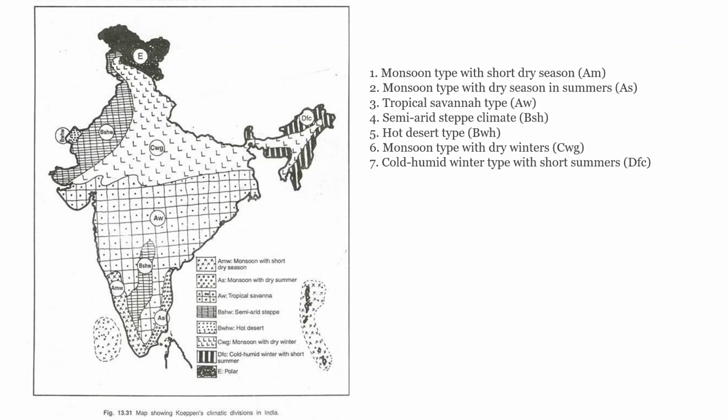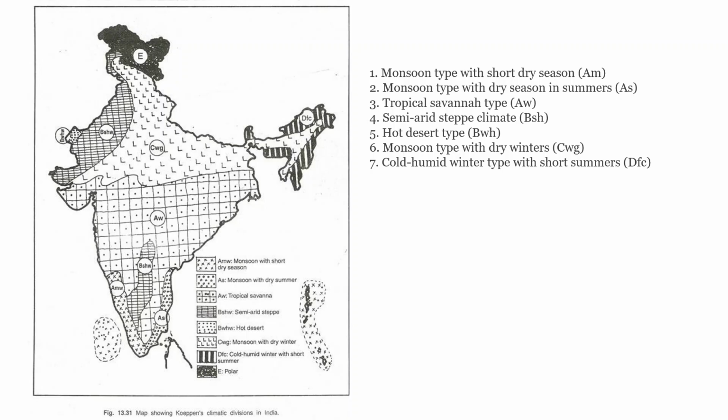And then we have the semi-arid steppe climate, that is BSH, the drier climate, steppe type, and then hot temperatures. BWH is hot desert type, so completely arid, then desert, and then higher heat levels. And then monsoon type with dry winters, so it is CW, and then cold humid winter type with short summers, that is DFC.